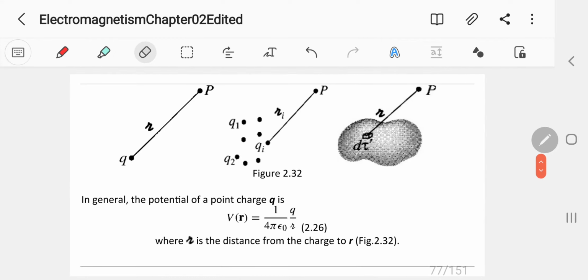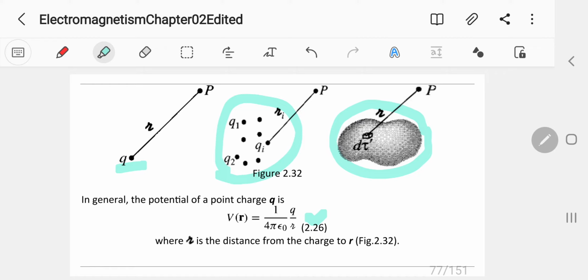In general, the potential of a point charge Q is given by this, and R is the distance from the charge to the point r. In the figure, you have a single charge, which gives you this potential, and then you also have a discrete distribution of charge, and this is a continuous distribution of charge.